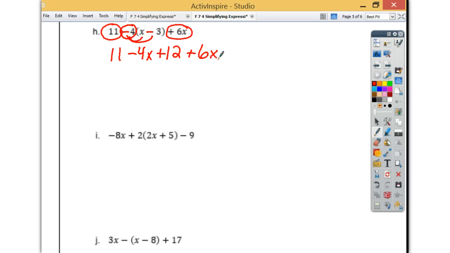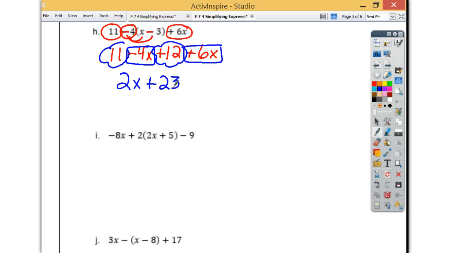So now I simplify from there, looking at my variables first. I've got a negative 4x here, positive 6x here. That gives me 2x. And then I've got the 11 and the 12, which end up being a positive 23. So 2x plus 23.